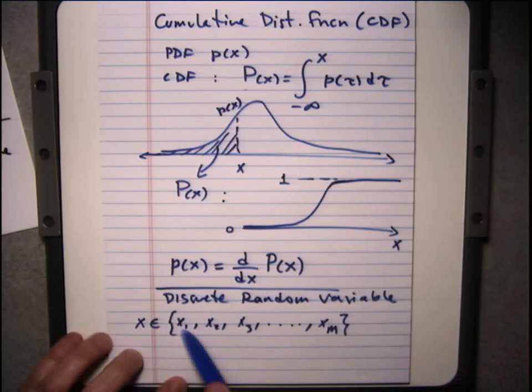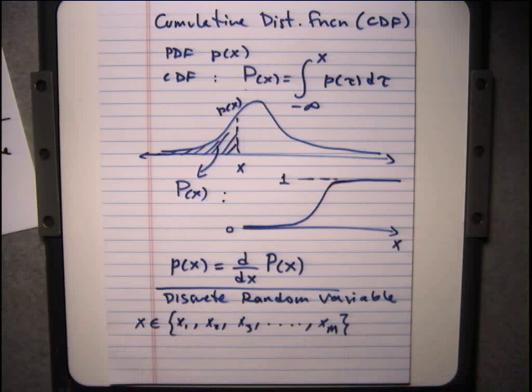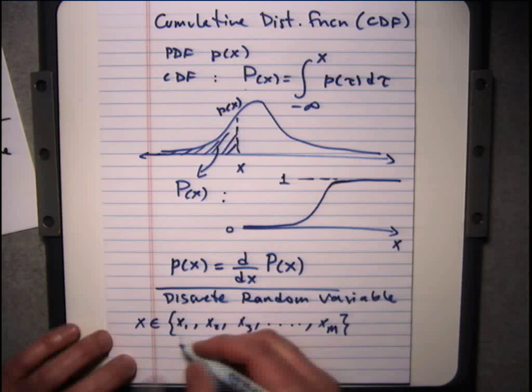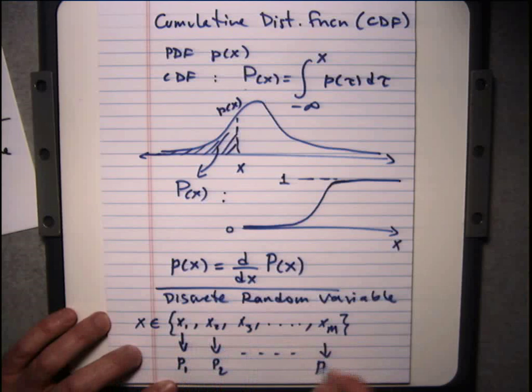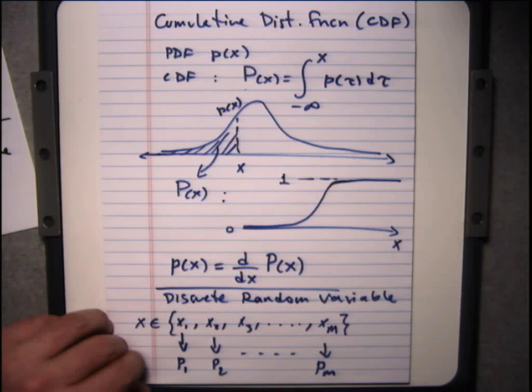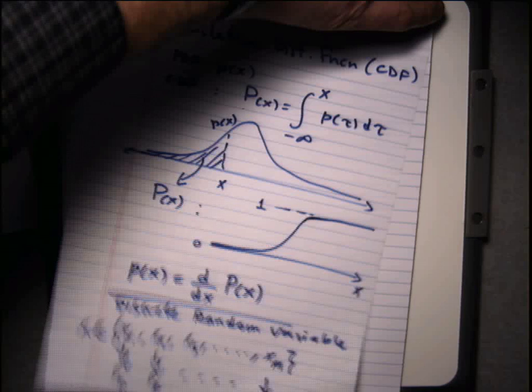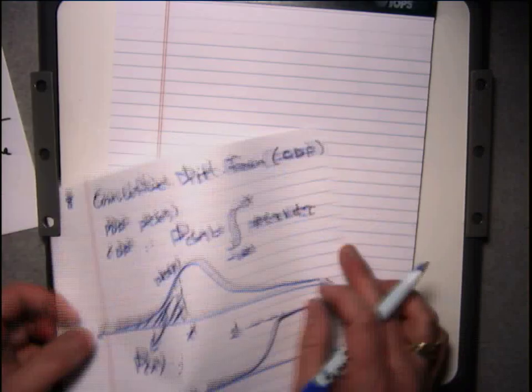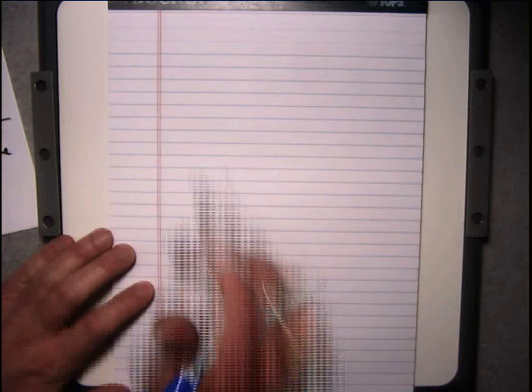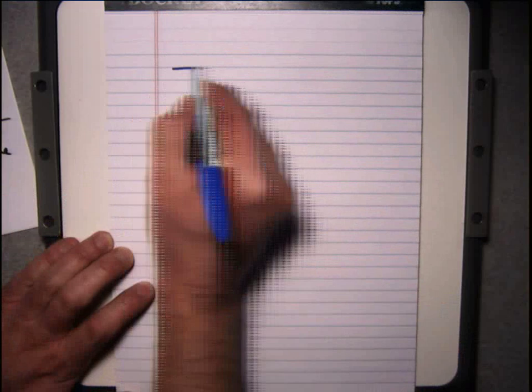Each of these, therefore, is going to have its own likelihood of happening, and therefore its own probability associated with it, which we're going to call P1, P2, and so on, say PM. The way we describe these probabilities is that we draw a picture.